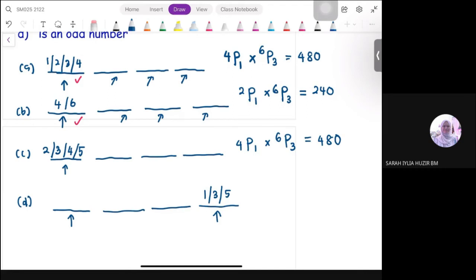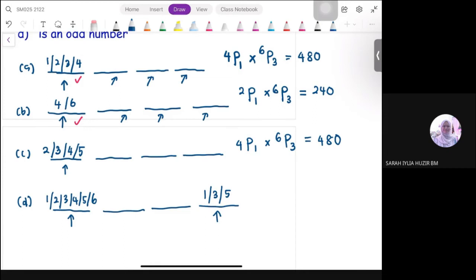Means for the first digit, our options would be we can use either number 1, 2, 3, 4, 5 or 6. Exclude 0 from our first digit. Kan kalau kita ada kosong kat depan, nanti tak jadi 4 digit, dia dah jadi 3 digit. Tadi kita dah ada cerita benda tu. Means in this situation, we have 2 different boxes that have a condition. 2 tempat tu kita ada condition.